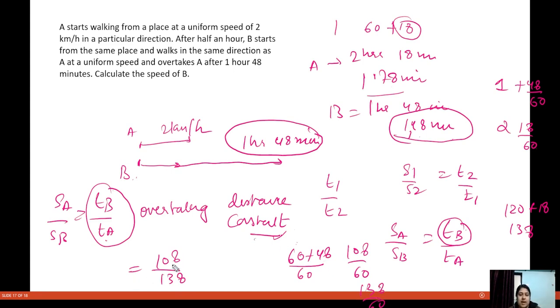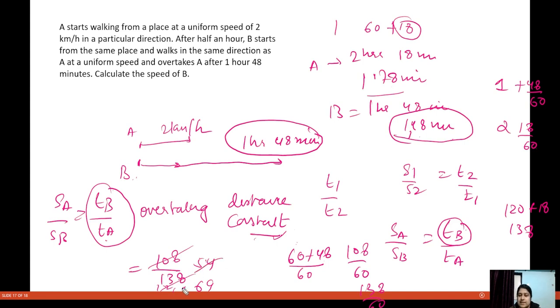Now calculate this ratio. Let us divide this by 2 only. So we have 54 and, 2 sixes are 12 and 2 nines are 18.